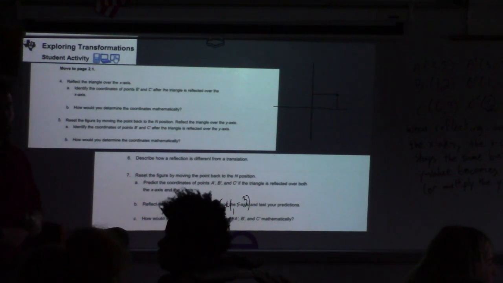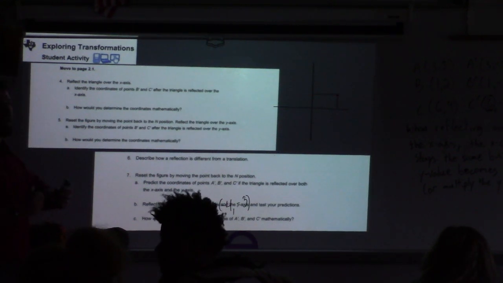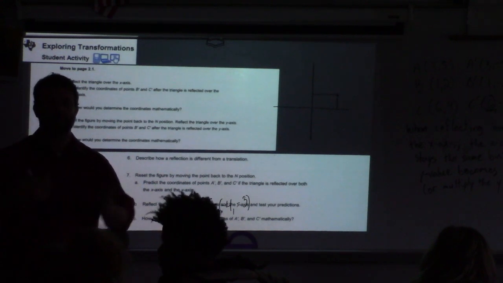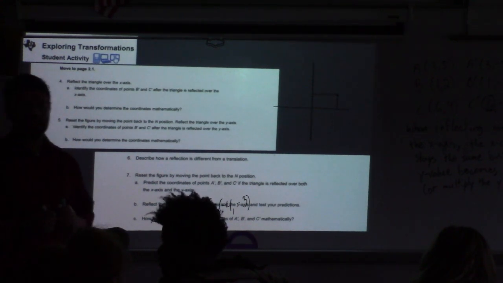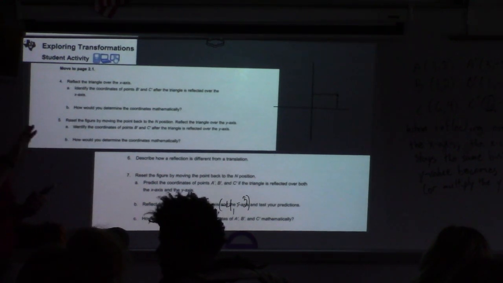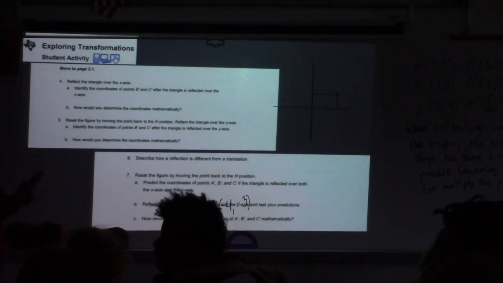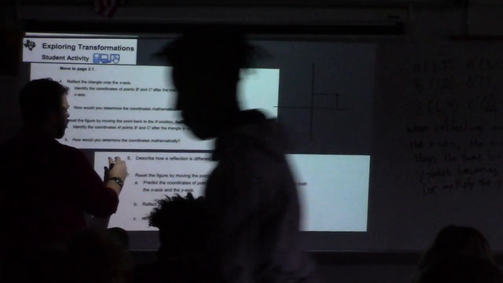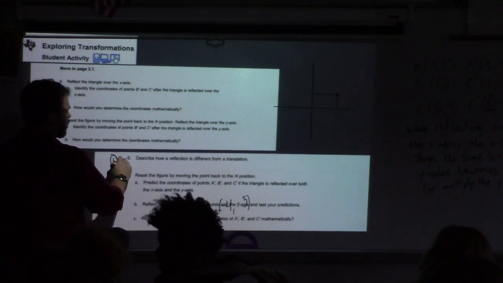So, can we all agree that a translation is just moving it around? Yes. Whereas a reflection is literally preserving that distance across the line of reflection. So we might want to make that note.